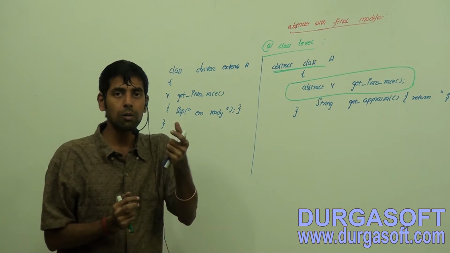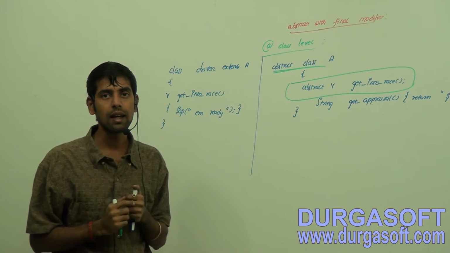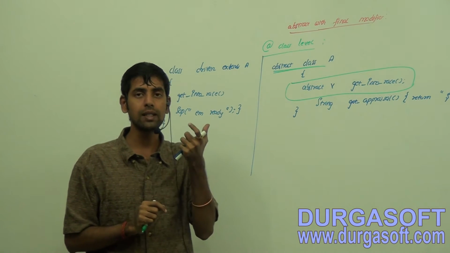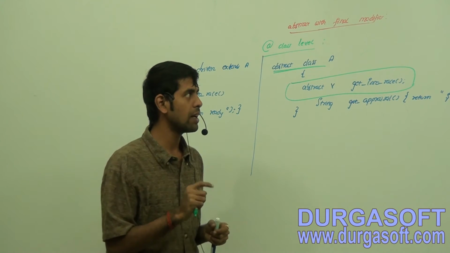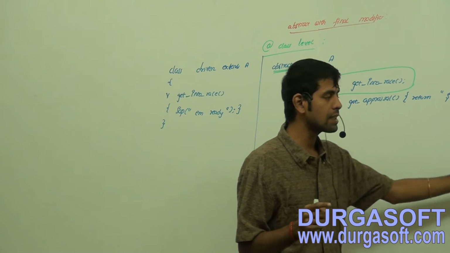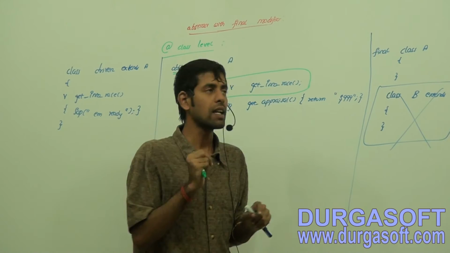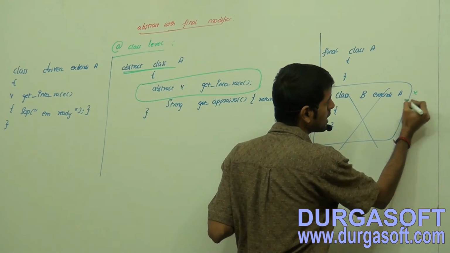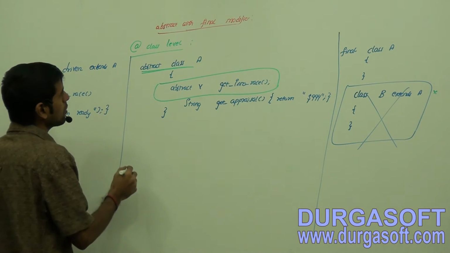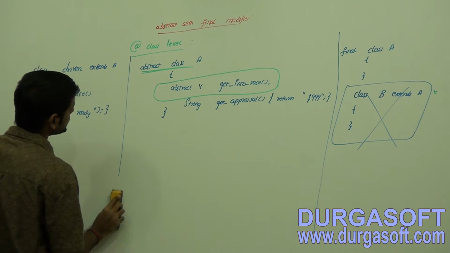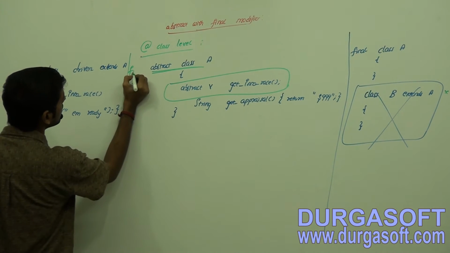Meaning, an abstract class always expects one child class. Very important, friends. But a final class doesn't expect a child class. Getting it? Very important. So tell me one thing: if I put this here as what?